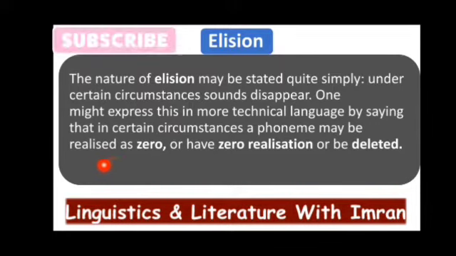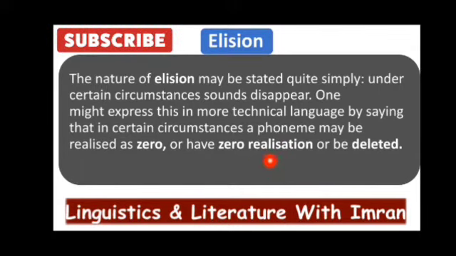As I told you, in simple words we call elision the disappearance of a sound, or when a sound is left out in spoken language, or has zero realization, or is deleted. Sometimes technically we say that a sound is deleted, and sometimes we say that this sound has zero realization.